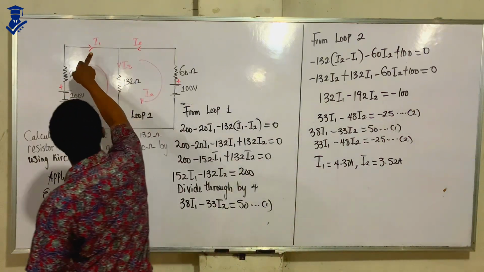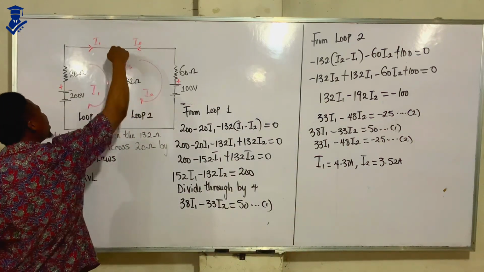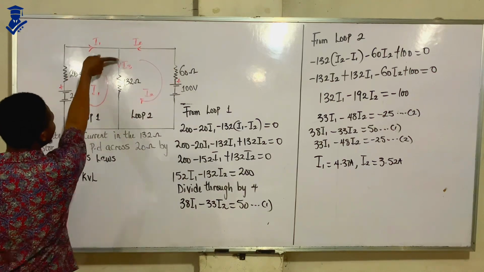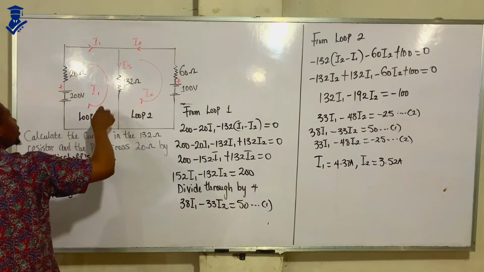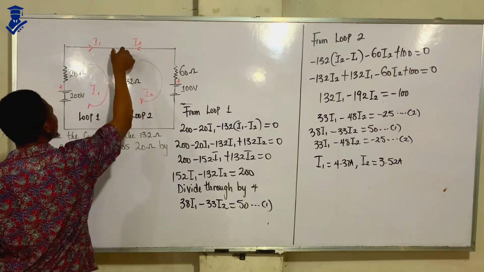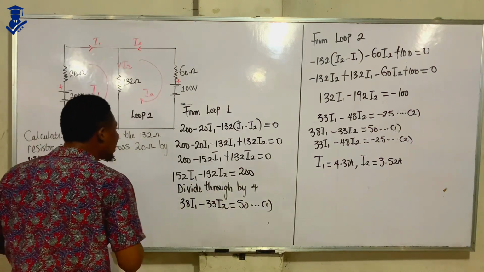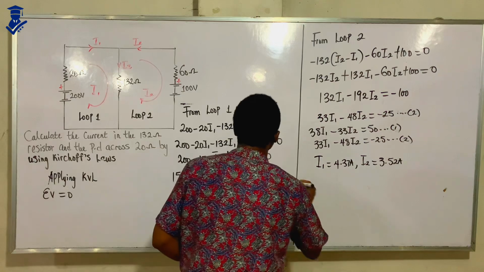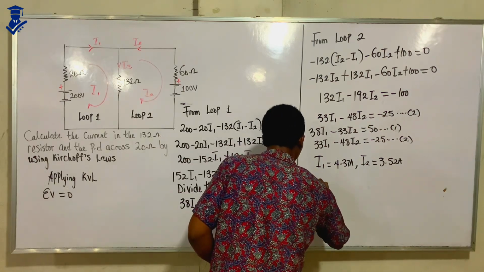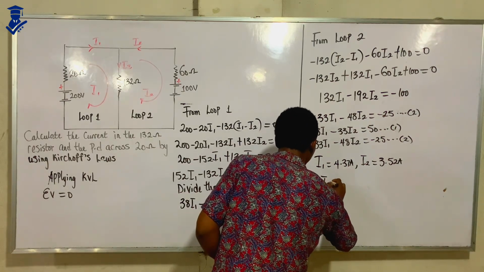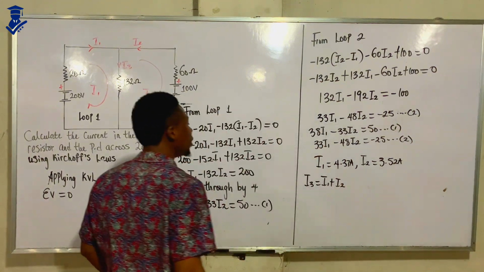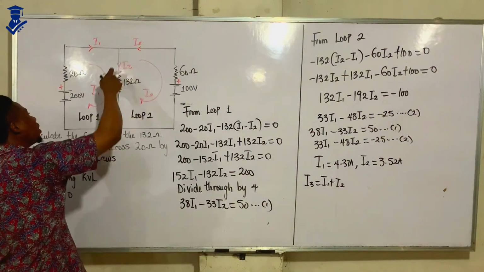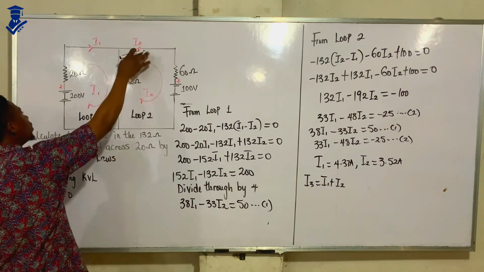I1 is entering here, I2 is entering here, while I3 is leaving. That implies that I3 is equal to I1 plus I2, meaning the current flowing through this 132 ohms resistor is I1 plus I2.